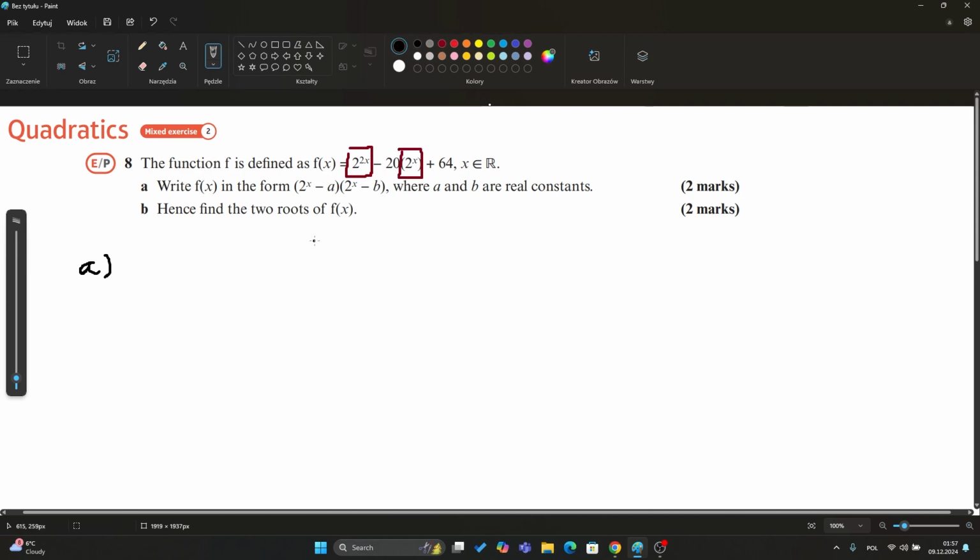Now when we spot that, we can turn 2 to the power of x into y, to make it solvable. So 2 to the power 2x minus 20 times 2 to the power x plus 64 can be rewritten as this.